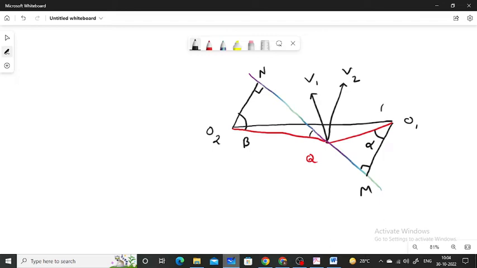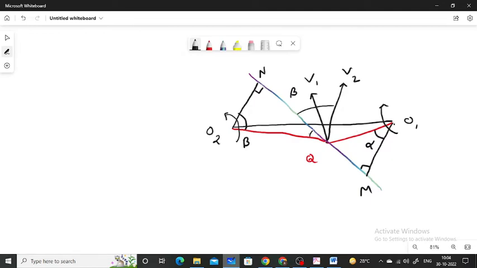Wheel 1 is rotating in clockwise direction and wheel 2 rotates in anti-clockwise direction. Okay, so if this is 90 minus beta, in that case this remaining angle will be beta.